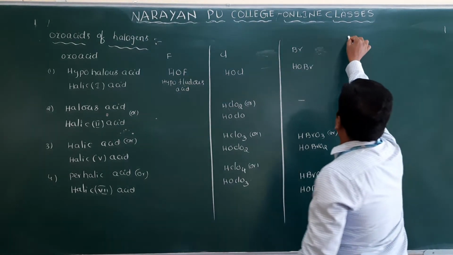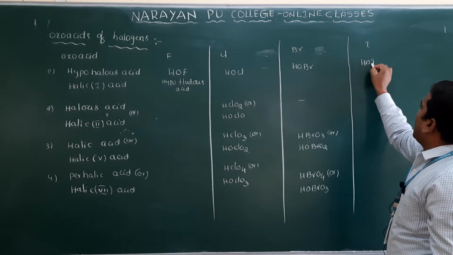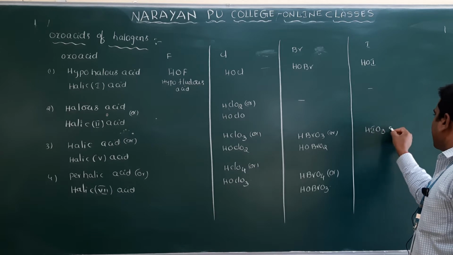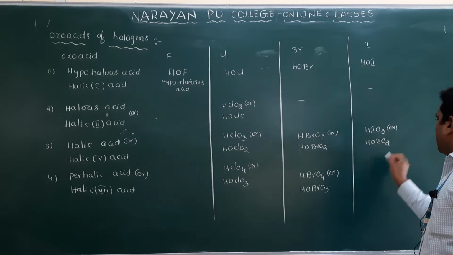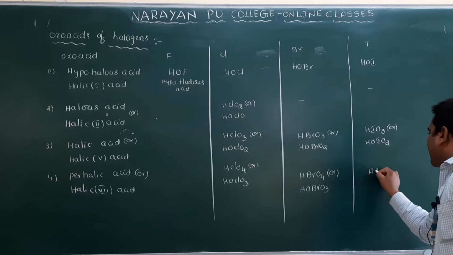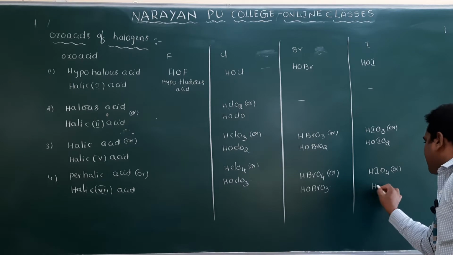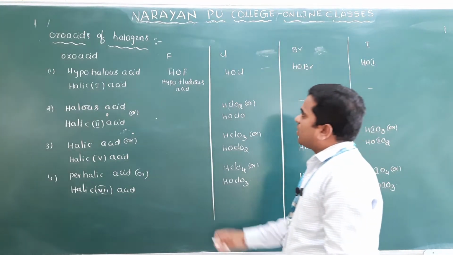Clear? And the last one, iodine. Iodine forms hypoiodous acid, and iodic acid HIO3, which can be written as HOIO2, and periodic acid HIO4, which can be written as HOIO3.